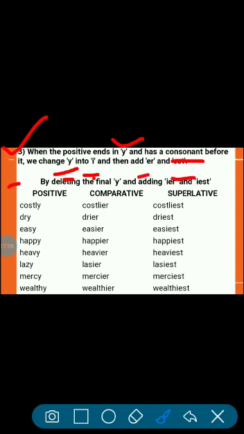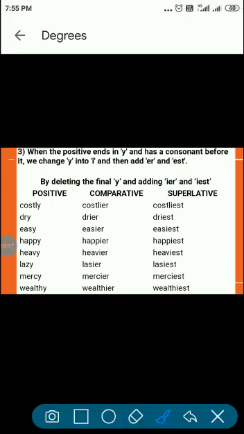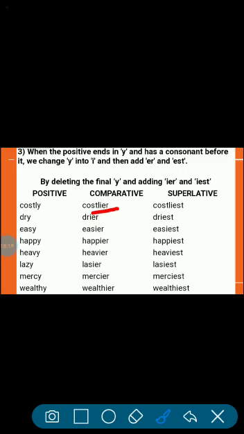Alright? See, costly. The positive form of this adjective is costly. There is Y at the last and L. L is a consonant. Right? So we change Y into I. Then add ER. It becomes costlier.